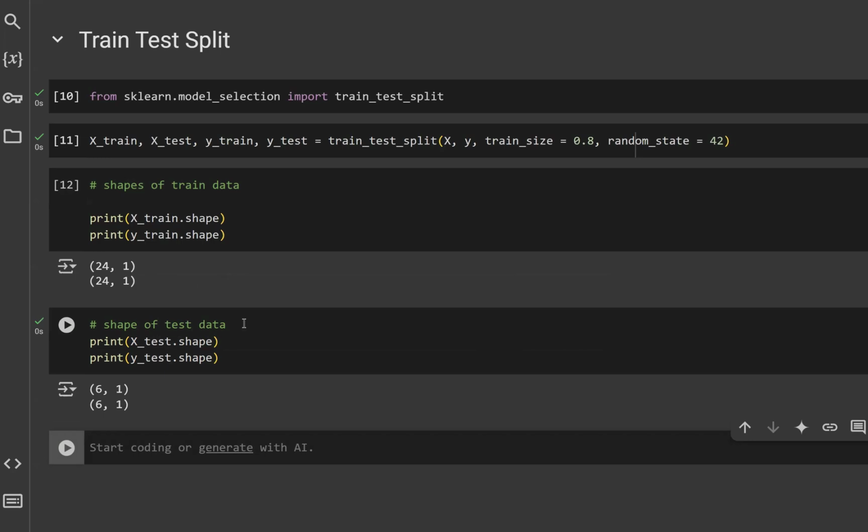So 80% of 30 is 24. So see, 24 input and 24 output for training data, right? And 6 input and 6 output for testing data. Clear, all of you?